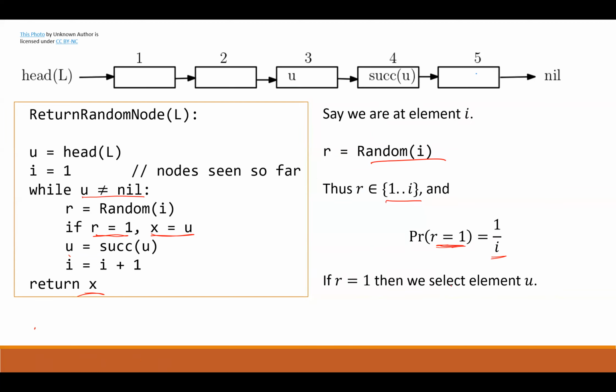Each of these calls to random is mutually independent, and the probability that we flip our item is 1 over I.